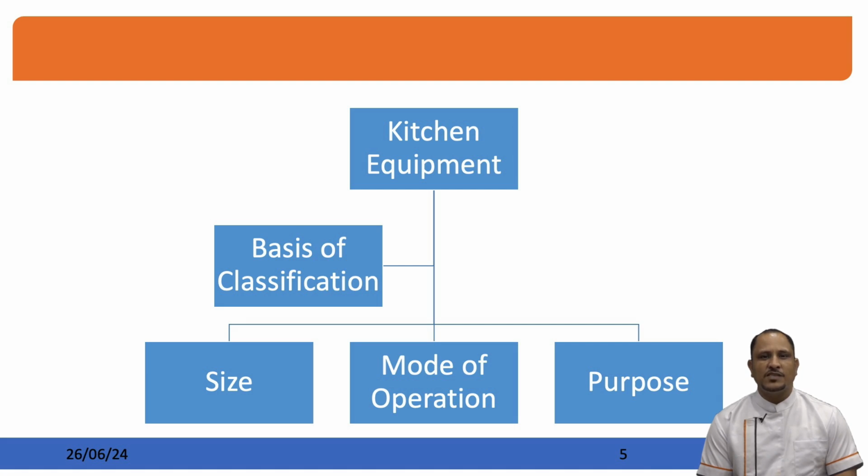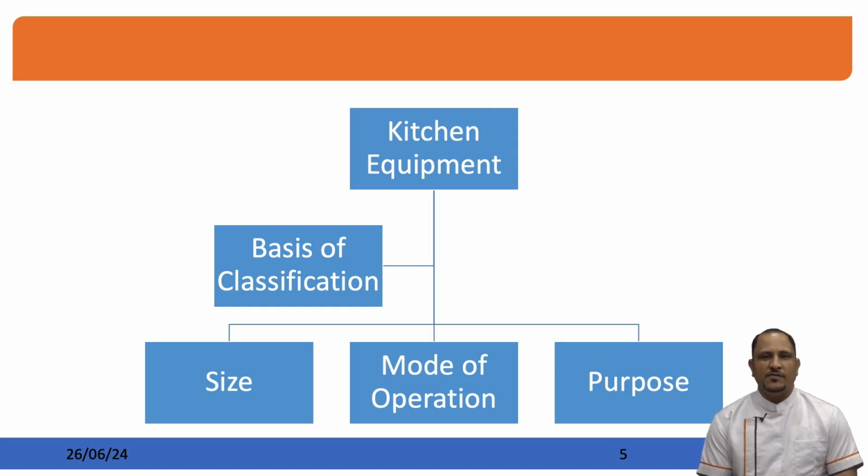These bases are size of equipment, then another basis is mode of operation, and the third basis is purpose of equipment. So these are the three bases on which we can classify equipment: size, mode of operation, and purpose.